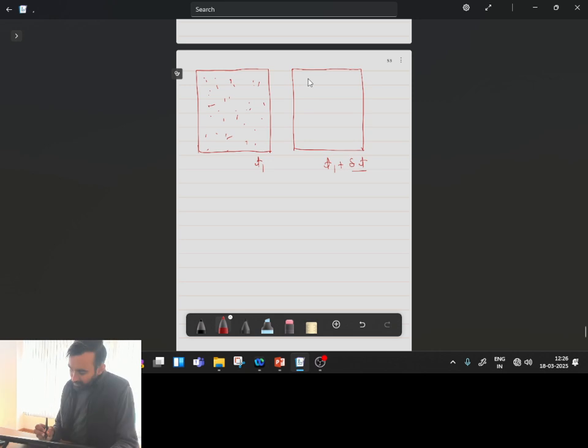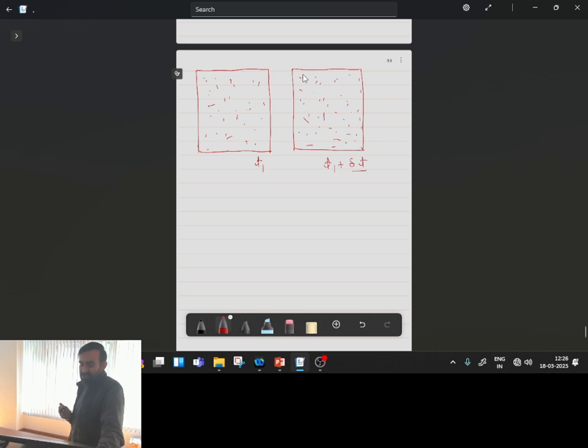Okay, now here also you will have some random distribution of particles. Typically in this type of system, it will be extremely challenging to trace the location of an individual particle in the two consecutive frames. Is this one clear?